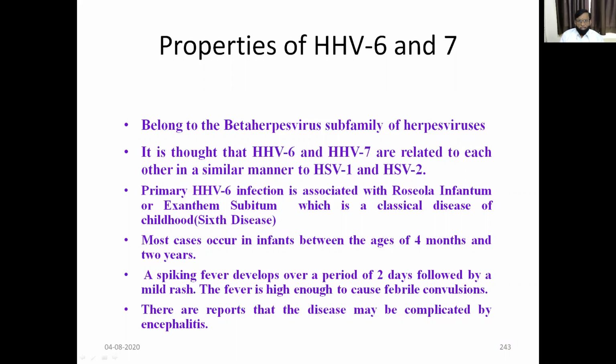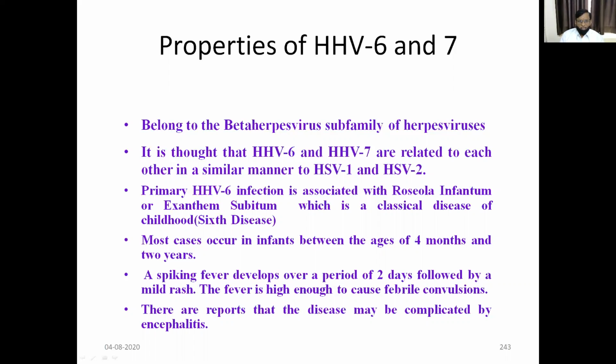Primary HHV6 infection is associated with roseola infantum or exanthem subitum, which is a classical disease of childhood rash. Initially, without knowing the causative agents, rash diseases were named first disease, second disease, third disease, fourth disease, fifth disease.